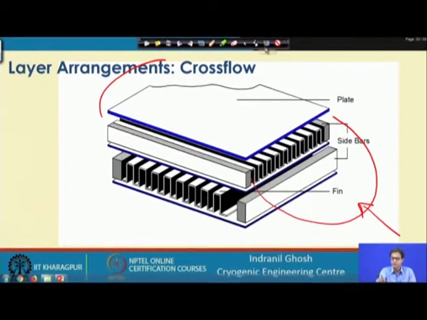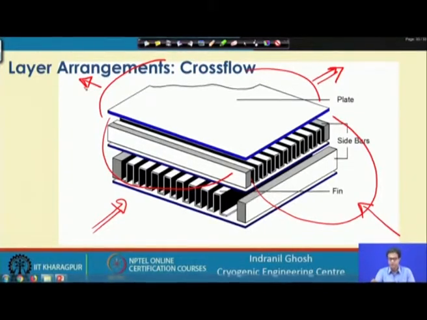Similarly, we have another 2 sides, this is another side from which one fluid can come in and this is how it moves out. So, we have 4 sides, necessary 4 sides for the flow in and out for the 2 fluids.